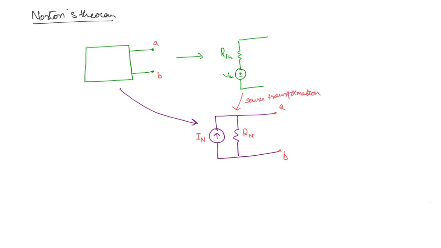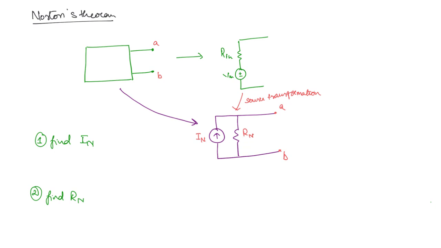Then what about the direct form? That means from this network to this equivalent network, how do you get that? Simply, just like in the Thevenin's case, you have to find the current IN and the resistance Rn. But if you can see, whenever you apply source transformation, the resistance value is not going to change, right?